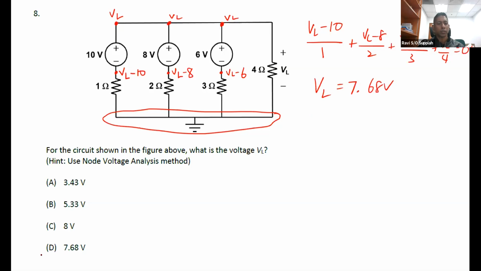The whole idea of node analysis is you use the information given to represent some voltages, which you then use to form current equations. You apply these current equations to a node or a super node, and then you solve the unknown. That is what we have done here.